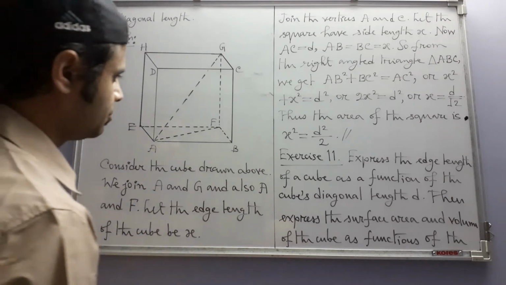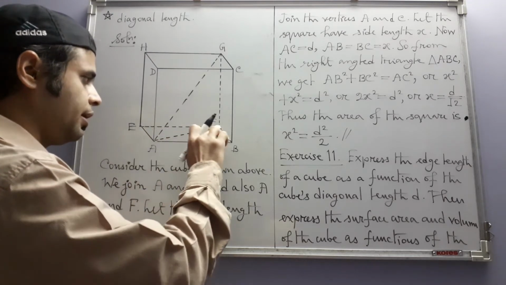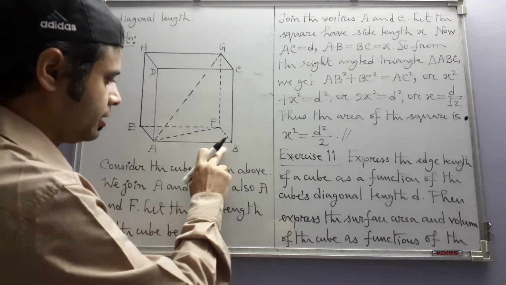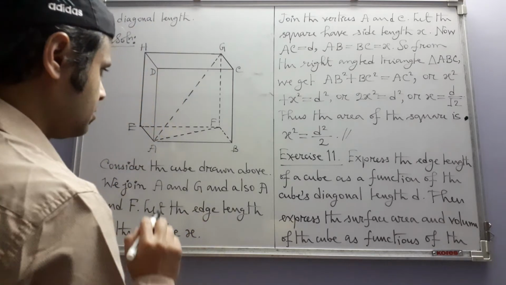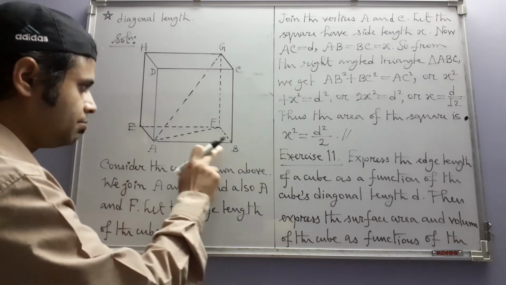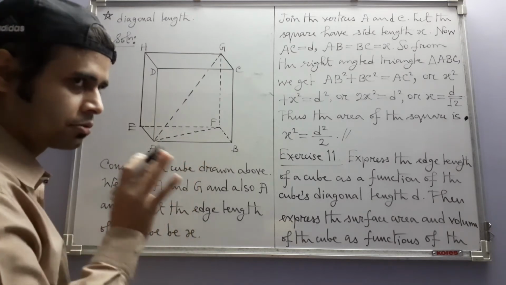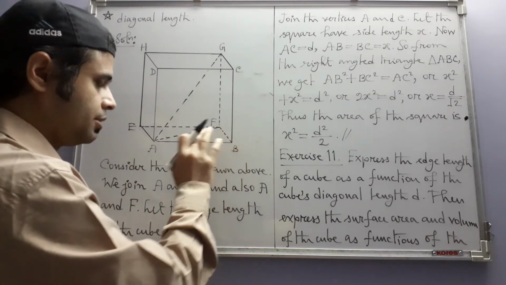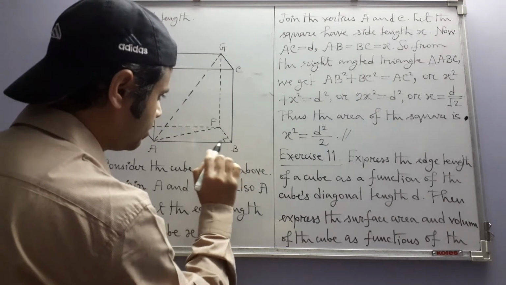Now first of all, we measure the length of AF in terms of edge length x. Note carefully that in the bottom square ABFE, we consider this triangle ABF. This is actually a right angle triangle where this is the right angle.